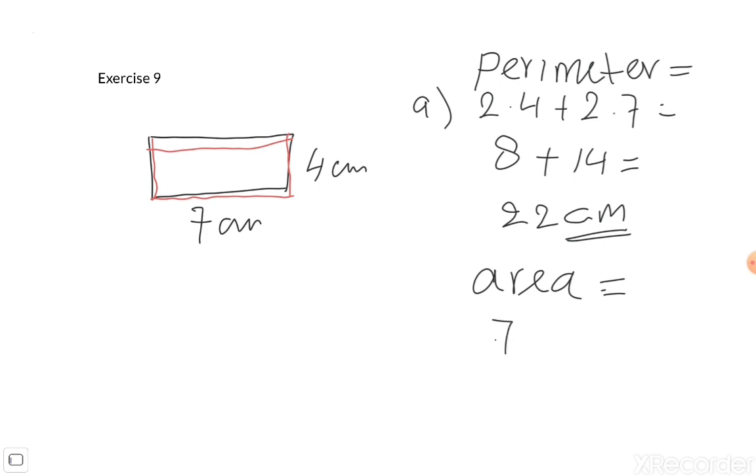So 7 times 4, and that's 28 square centimeter. Again, do not forget your unit. Yeah, so again, the perimeter is the length around a shape, and the area is the length times the width. So that's exercise 1.